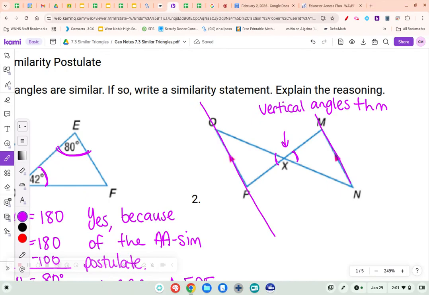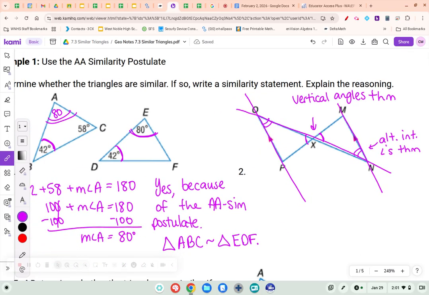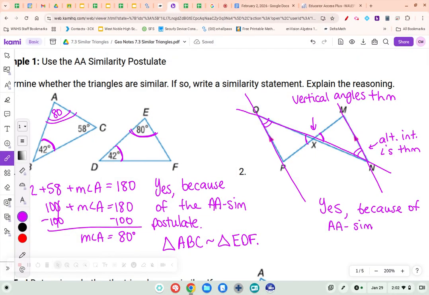So this and this are parallel, which means I can think of this as a transversal, meaning that by the alternate interior angles theorem specifically, these two angles are congruent. So I do have two pairs of congruent angles, which means that these triangles are similar because of the angle-angle similarity postulate.